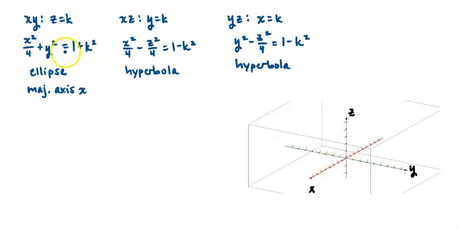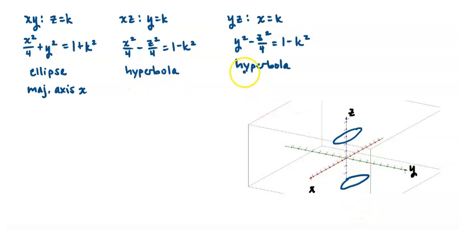And also I can see that as k gets larger, this ellipse is going to get larger. Our x and y values both need to be larger if our k is larger. And so I can see that because this is just longer in the x direction, because that's our major axis, I can draw an ellipse like this. And as our k gets more negative, our ellipse also gets larger.